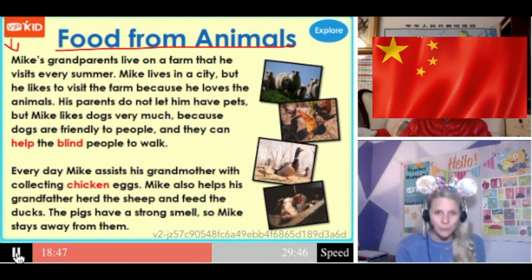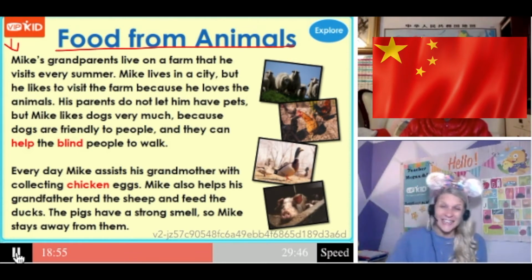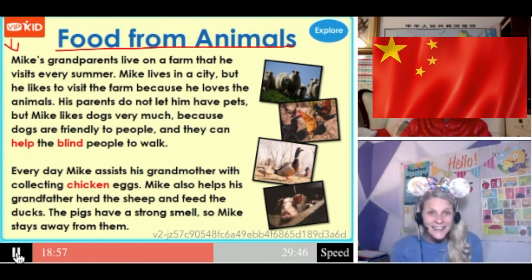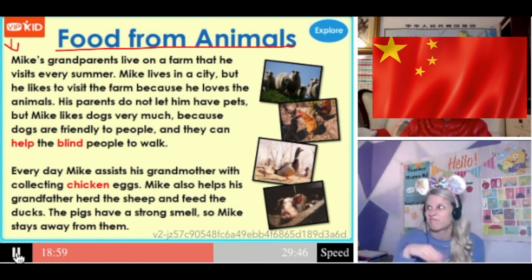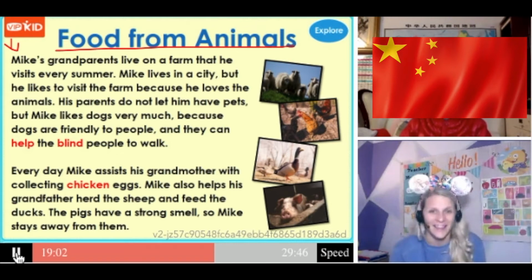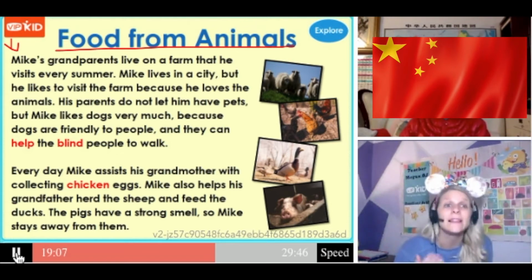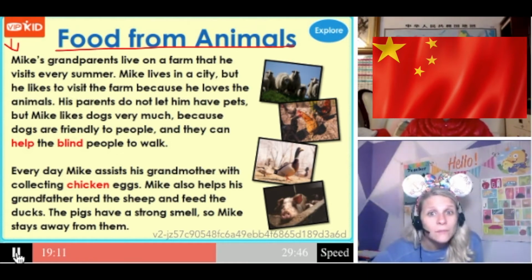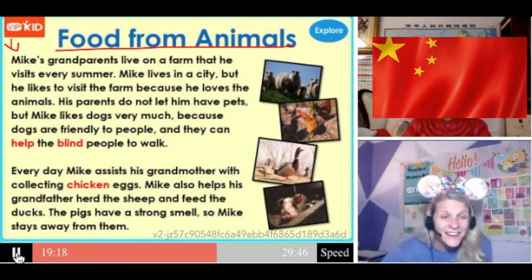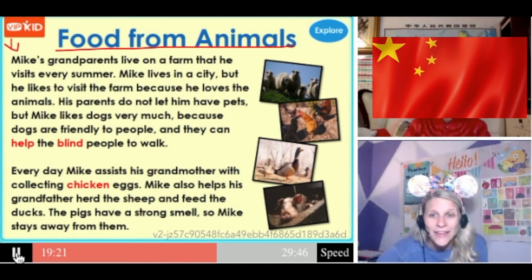Mike also helps his grandfather herd the sheep and feed the ducks. The pigs have a strong smell, so Mike stays away from them. Very good. All right, so why does Mike like dogs very much? Because dogs are friendly to people and they can help the blind people to walk. Yes, very good. Wow, perfect answer.